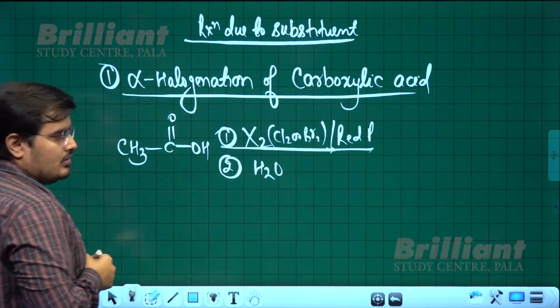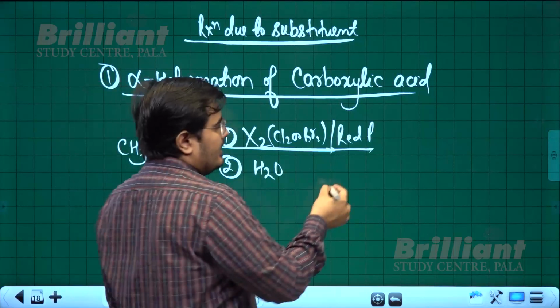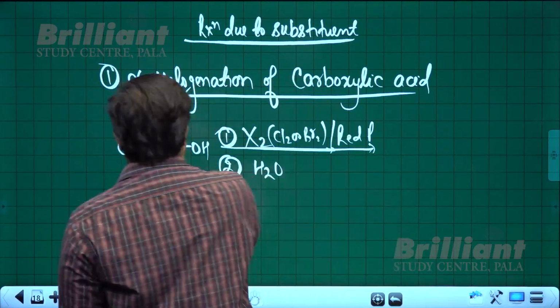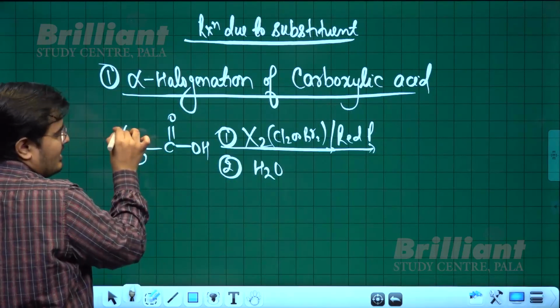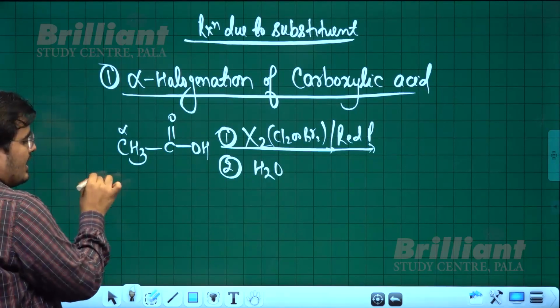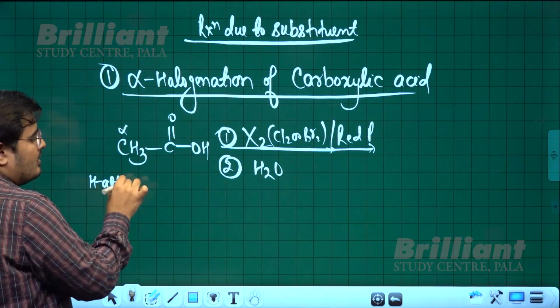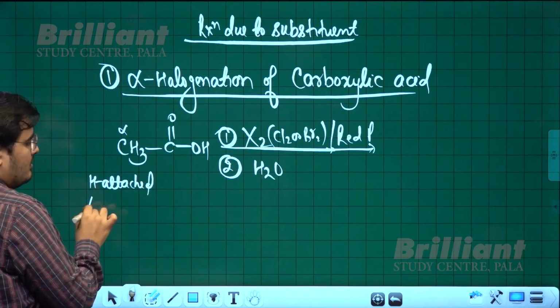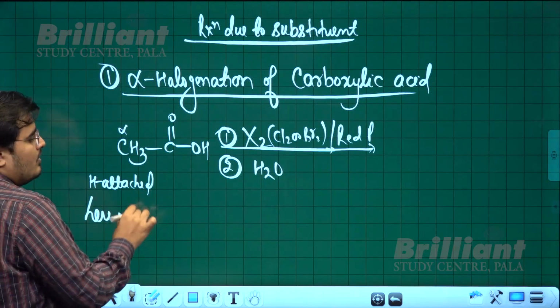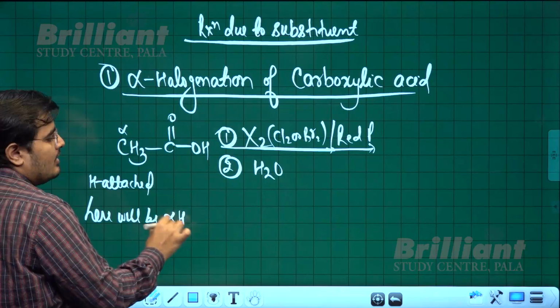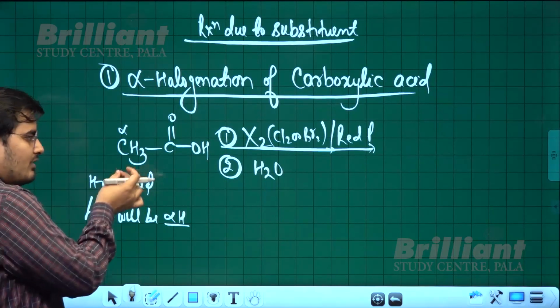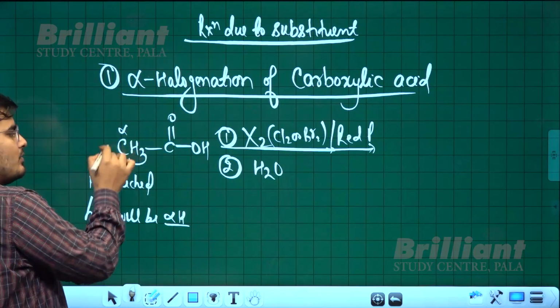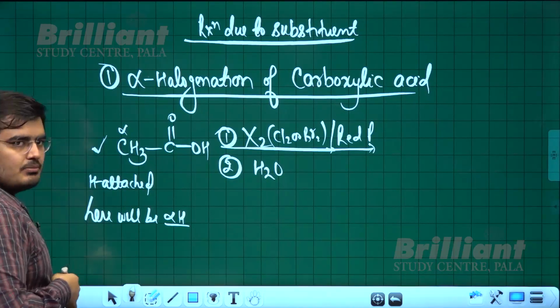Let's say you are adding water. This carbon will be known as alpha carbon, and the hydrogens attached here will be alpha hydrogens. So halogenation is going to happen only at this alpha position.